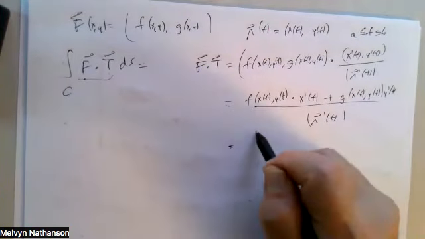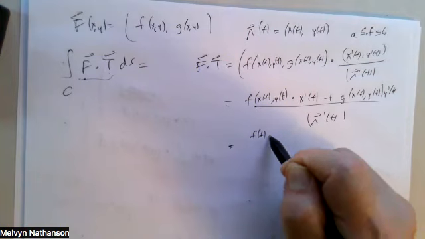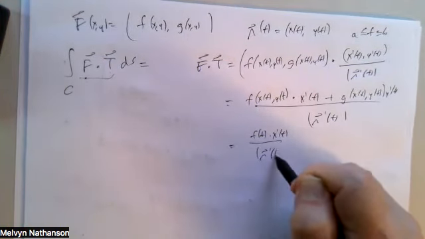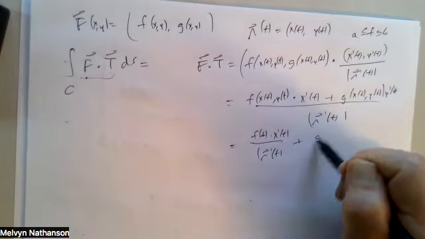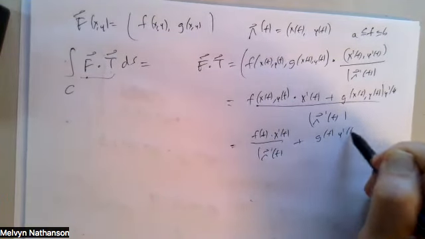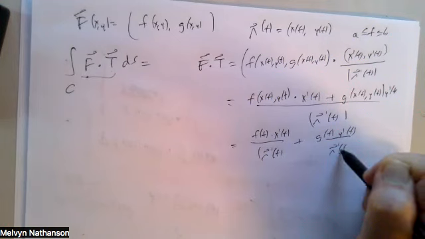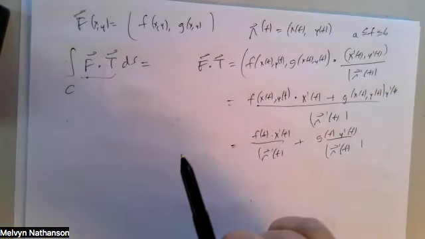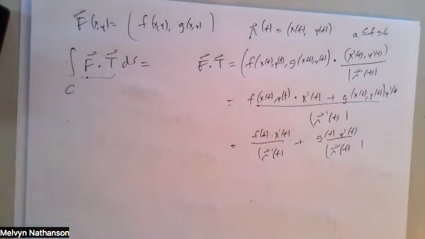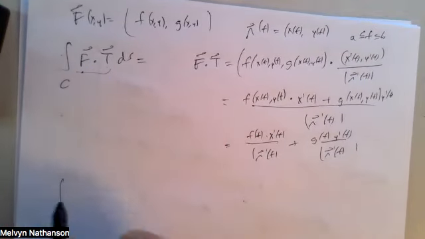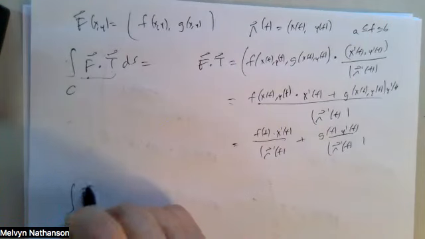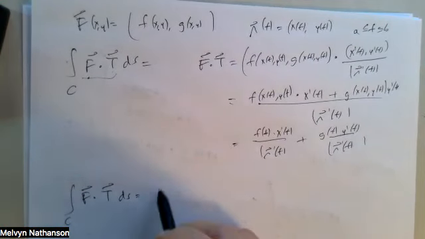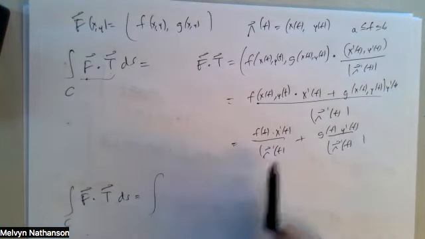This is simply, you can write this as f of t x prime of t plus g of t y prime of t. So this is what we're integrating. The integral around the curve of this vector field, f dot t ds, is the integral of this scalar function.